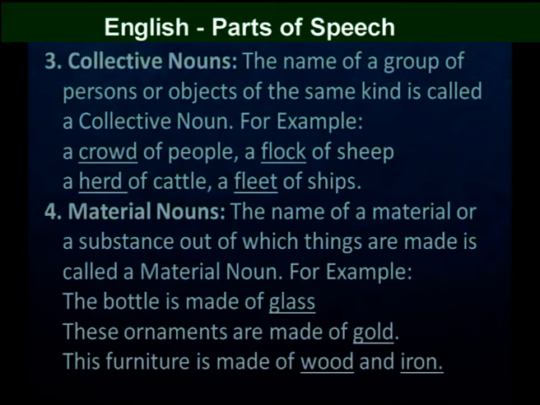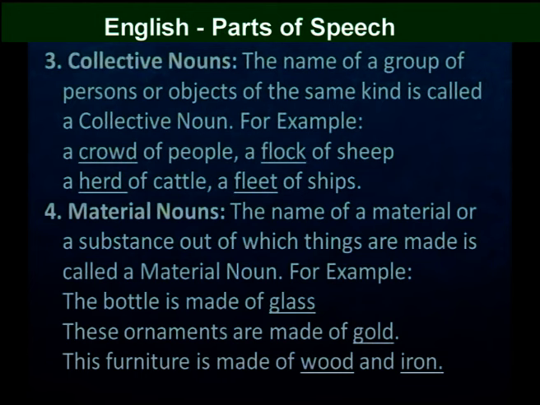And the fourth variety is material nouns. The name of a material or a substance out of which things are made is called a material noun. For instance, the bottle is made of glass. The ornaments are made of gold. The furniture is made of wood and iron.